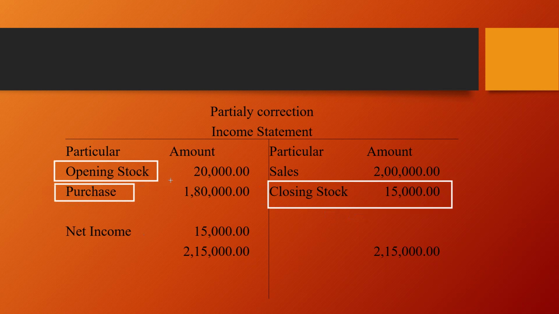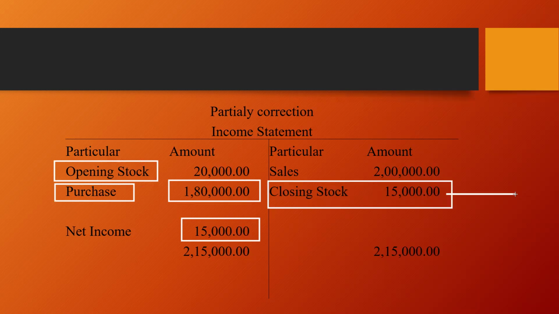They said they added $10,000 to the purchase. So I added $1,70,000 plus 10,000, it became $1,80,000. So the net income is $15,000. Have they made any adjustment to the closing stock? They said they made the adjustment only to the purchase.